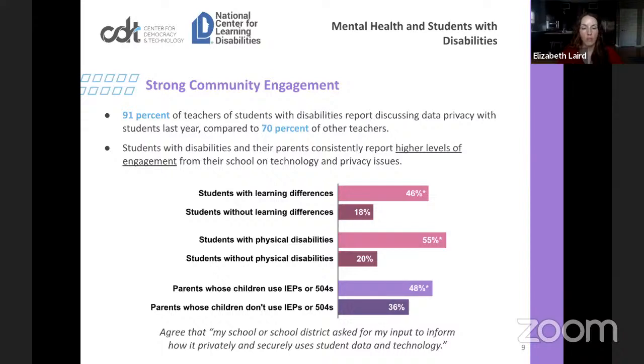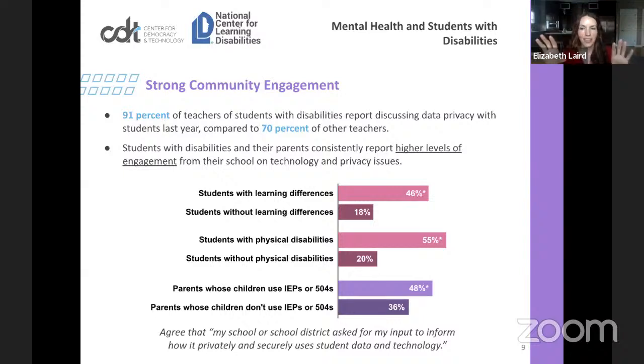And then similarly, we're seeing a similar trend among students. So students with learning differences, students with physical disabilities, as well as their parents, across all of these groups, they are having more engagement with their school. In particular, the graph that we see here is those groups who are agreeing that their school or district has asked for their input to inform how they use data and technology.